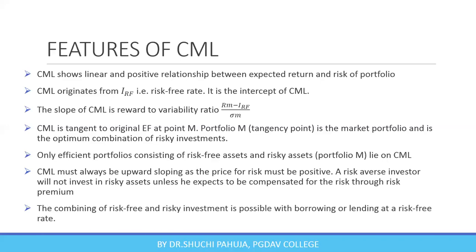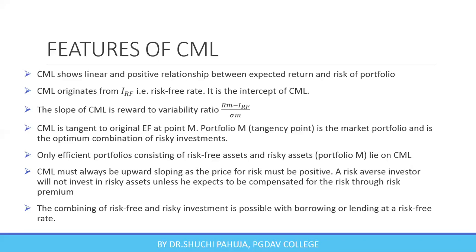The combining of risk-free and risky investment in this theory has been explained through borrowing or lending. Now, how are borrowing and lending there? In the HM model, we assume, and in the CML model the same assumption is there, that you can borrow any amount of money at the risk-free rate.